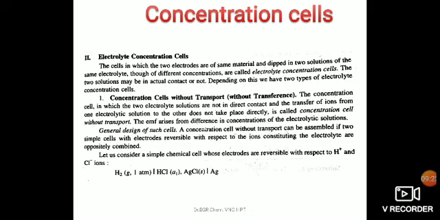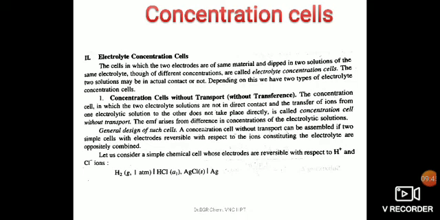The two solutions may be in actual contact or not. Depending on this, we have two types of electrolyte concentration cells. First one, concentration cells without transport, that means without transference. Remember, here we have a salt bridge. That's why there is no question of liquid junction potential.